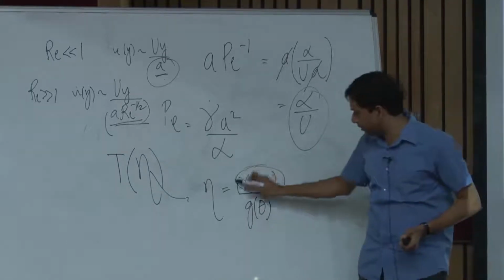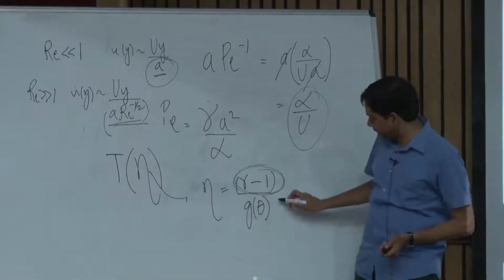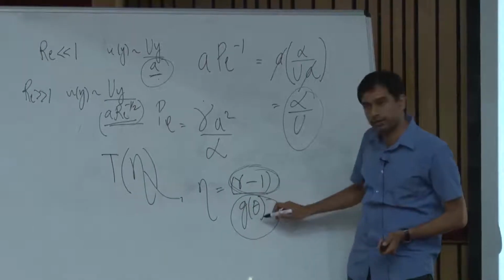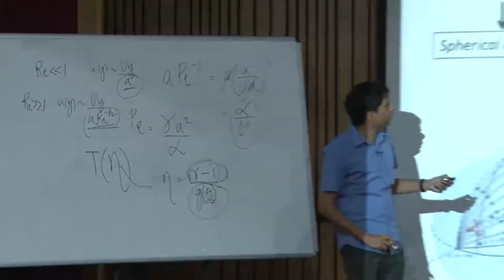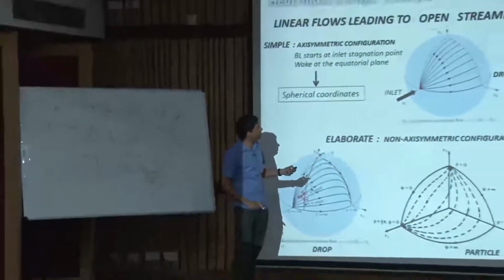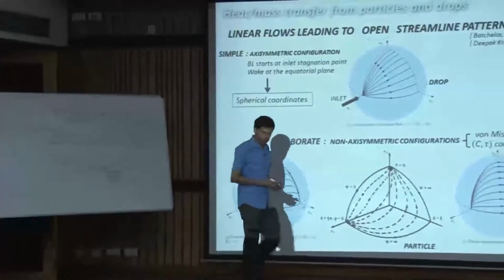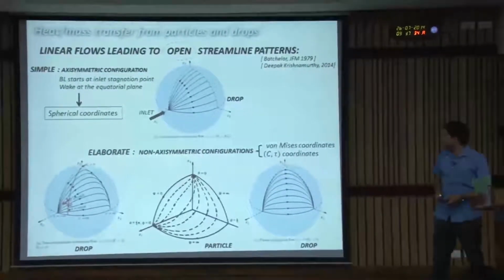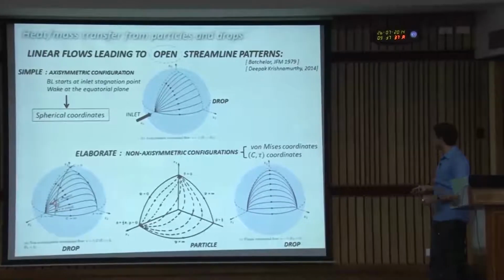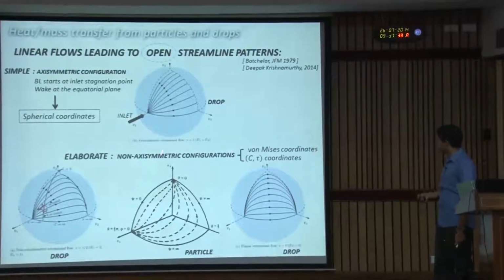So it's the distance away from the surface that matters, and this is scaled relative to a boundary layer thickness that is now a function of theta. Okay? So the boundary layer grows from theta equals 0, a finite value, to infinity at theta equals pi by 2. Okay? So it's easily done here, but you can extend it here.